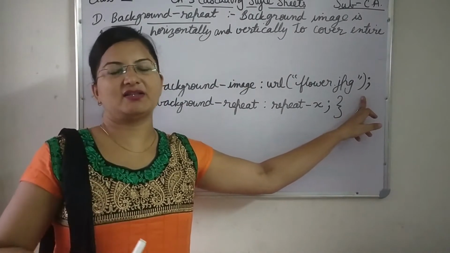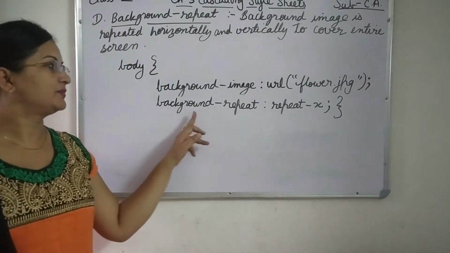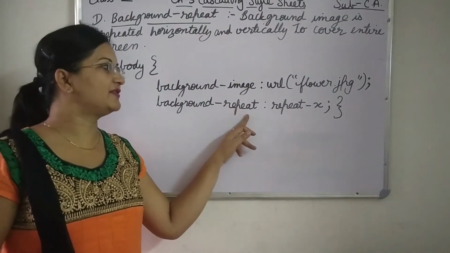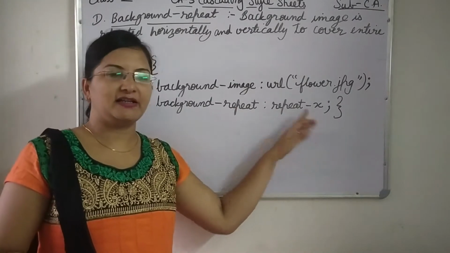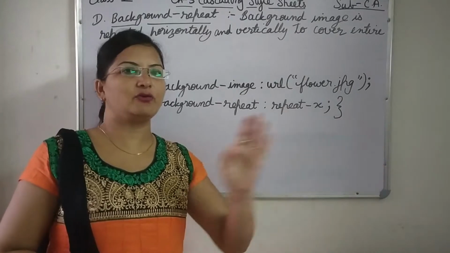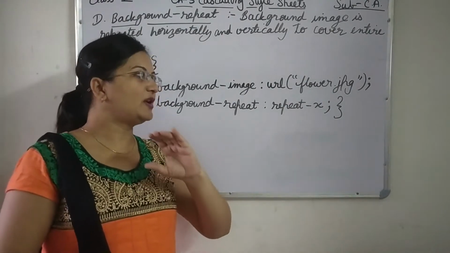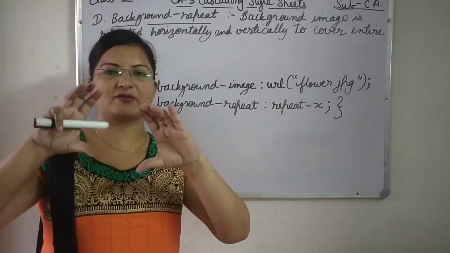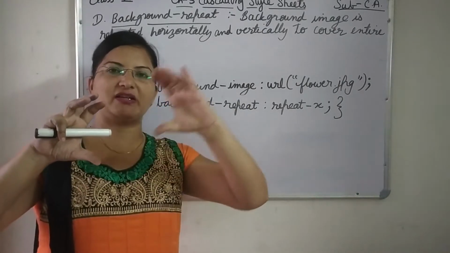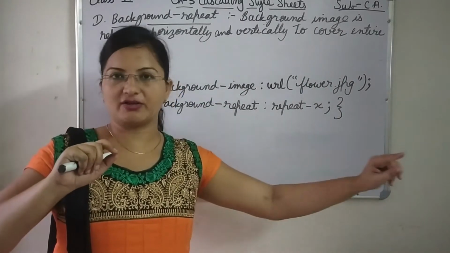But if the image is small and the screen is big, then you write background hyphen repeat X. That means the image will be repeated horizontally only. You know very well this is the X axis, the horizontal axis. If the small image is there, then one more small image, then again and so on.